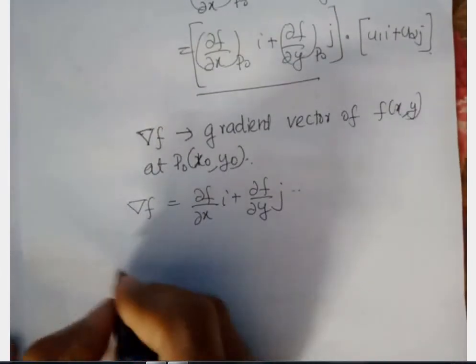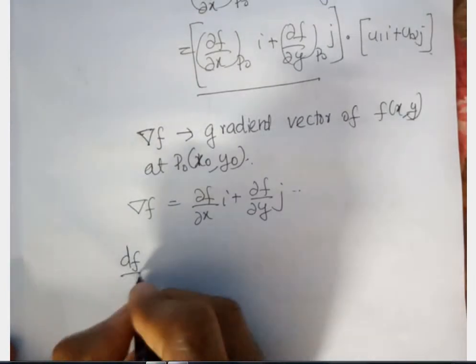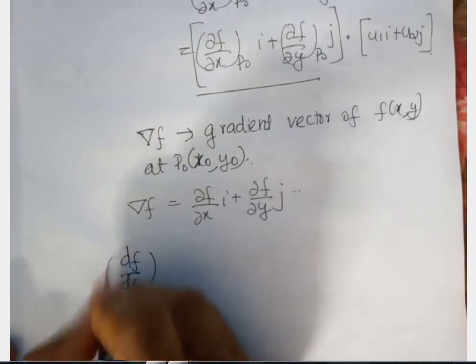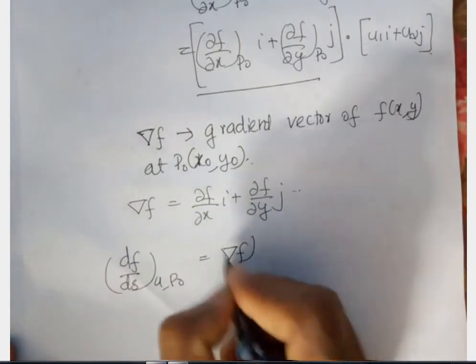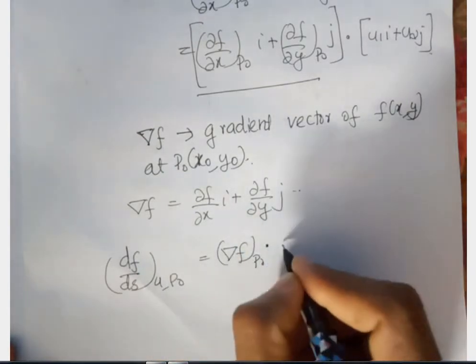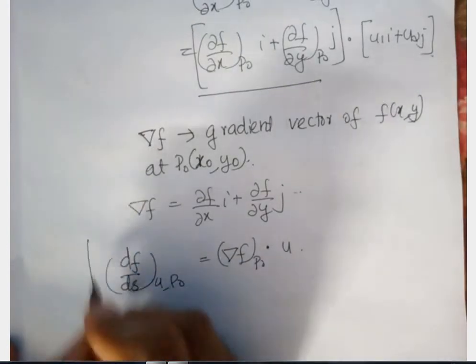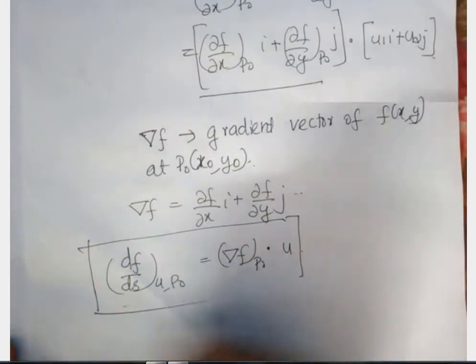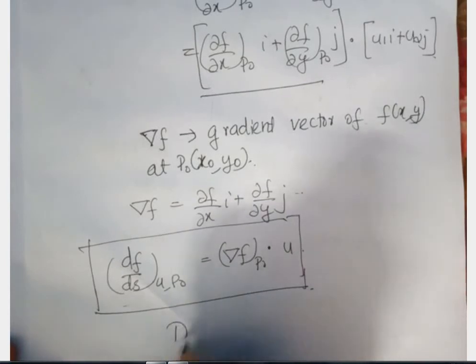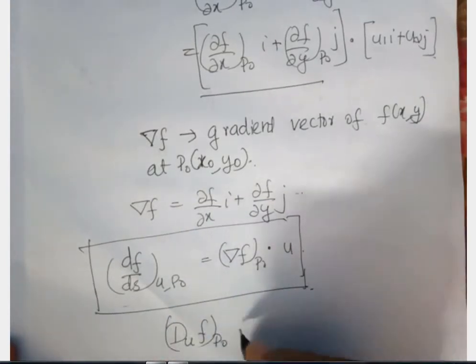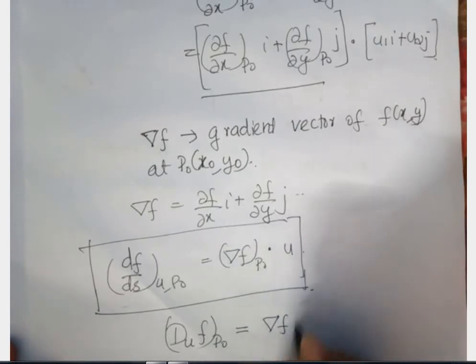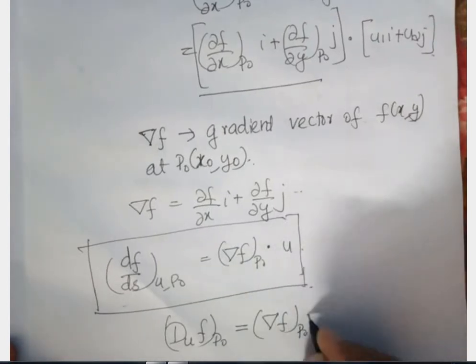So I can redefine this definition of directional derivative as D_u f at the point P naught is equal to del f at the point P naught dot u.